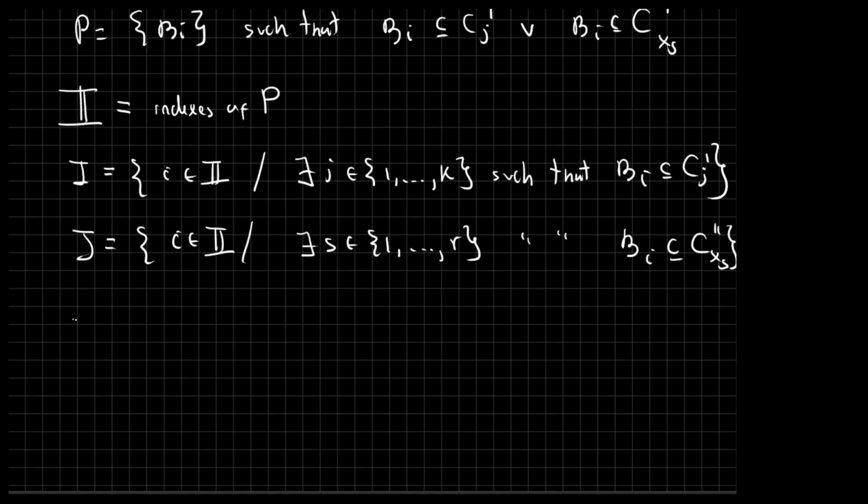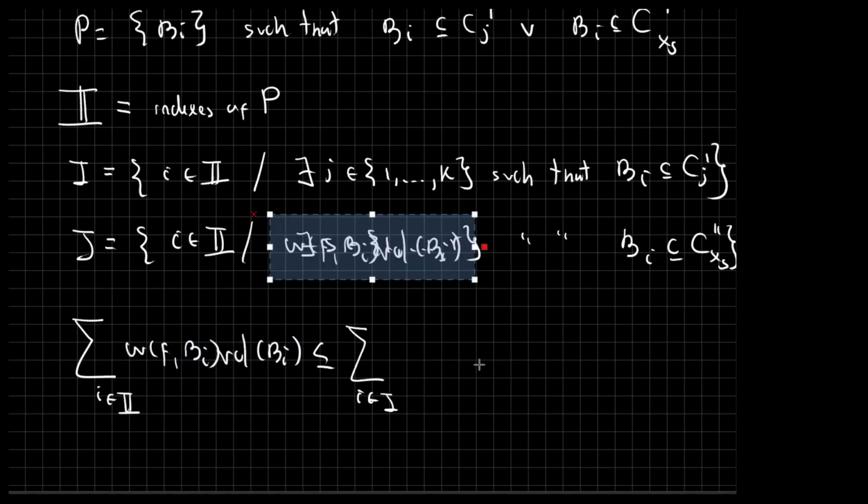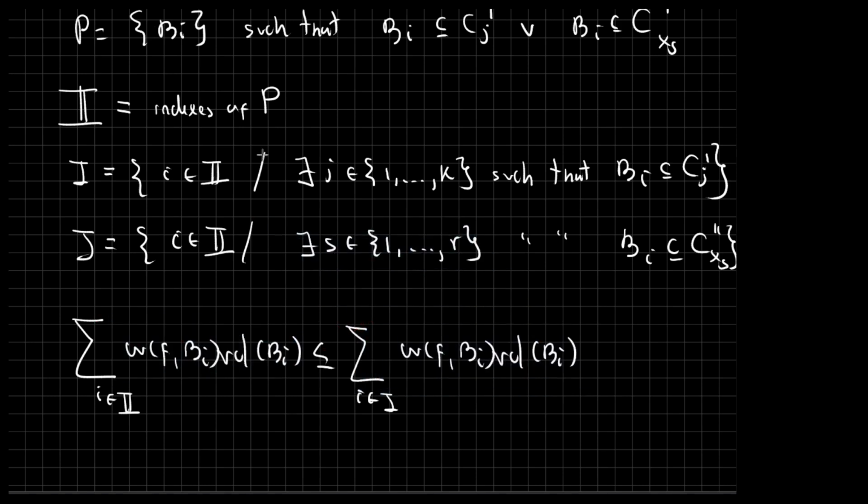So the sum of the variations of this is less or equal than, well, this here, let me copy it here, plus the variations in J.